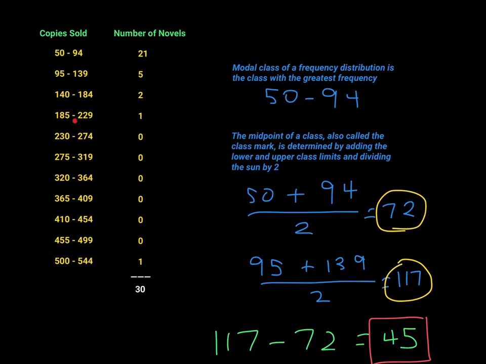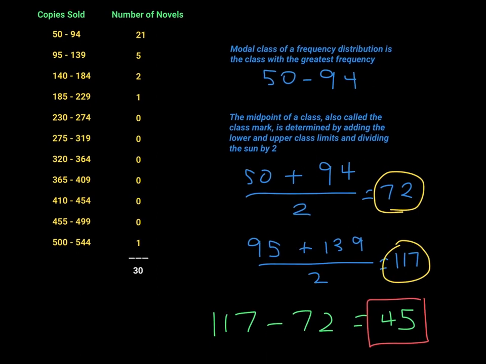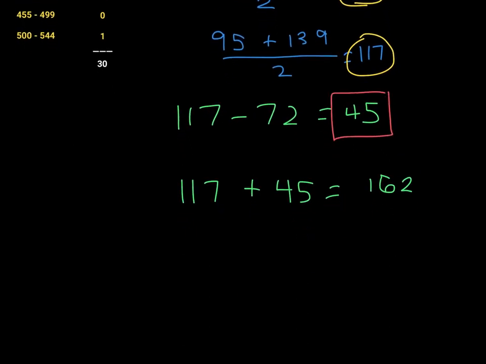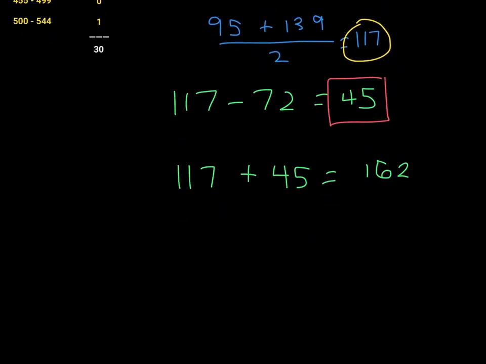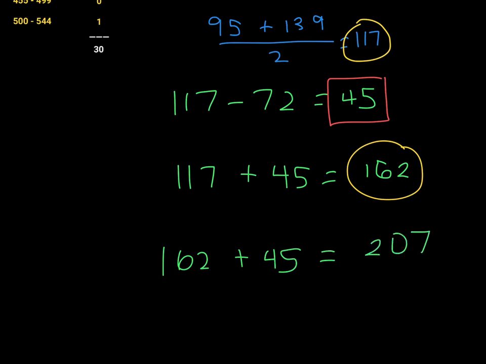If you want to know the class mark of the fourth class, again, you can add 185 and 229 and then divide by 2. But since I know the class mark of the previous class, which is 162, all I need to do is take 162, add the class width, and I get 207.